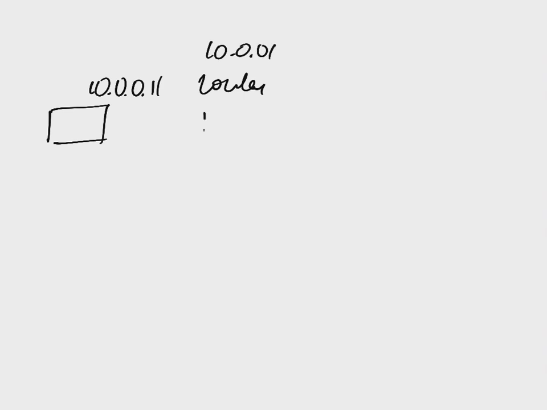Now let's make this picture simpler and talk mostly about IP addresses. Here is my computer, now just one single box, let's say with address 10.0.0.11, and then there is the router with address 10.0.0.1, and then somewhere here starts the internet.